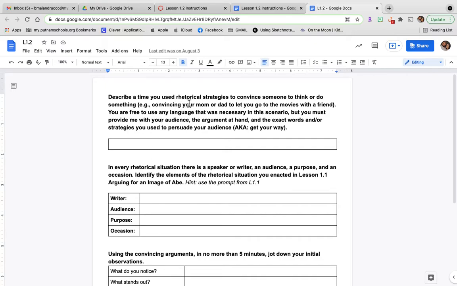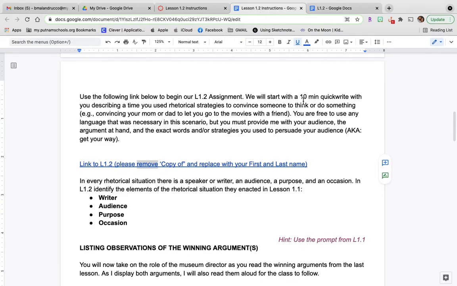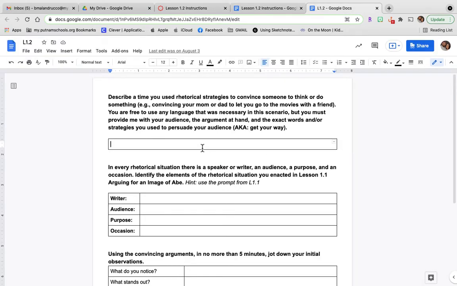Describe a time you used rhetorical strategies to convince someone to think or do something. This is the same exact stuff that I just read to you. So I believe, did I give a time set in here? 10 minutes. A 10-minute quick write to describe to me a time where you were actually part of a rhetorical situation.